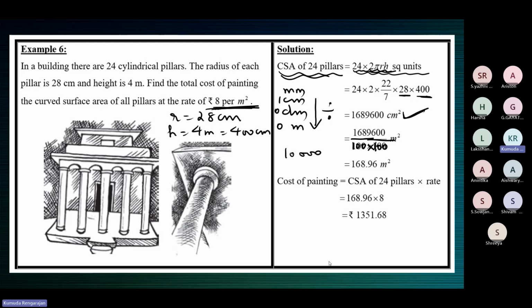So centimeter square to meter square, if you have to multiply by 100, do that 2 times. Divide by 100, do that 2 times. If you're converting centimeter cube to meter cube, there'll be another 100 here, 100 into 100 into 100 in the denominator, because we have to divide by 100 to convert centimeter to meter.